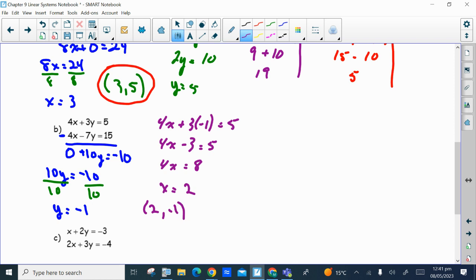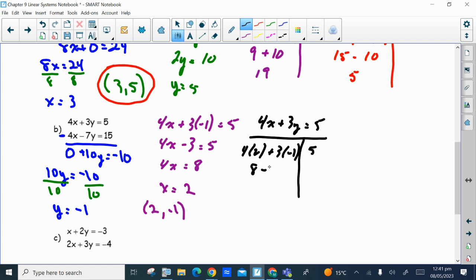We found that x equals 2 when y equals negative 1. And so we're going to check. We're going to verify. If it is the point of intersection, that means it has to be a point that lies on both lines. That point needs to satisfy both equations. Okay, 8 take away 3, which is 5, so it checks for the first equation.